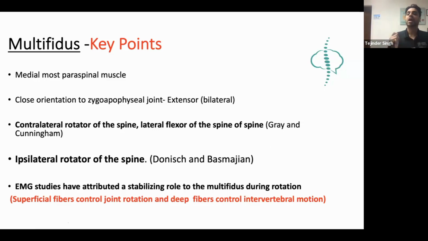Deep fibers have a very strong association with shearing movement of the vertebra. When you're lifting your arm or doing a certain activity, the first thing that happens is the deep fibers of multifidus help stabilize the vertebra.